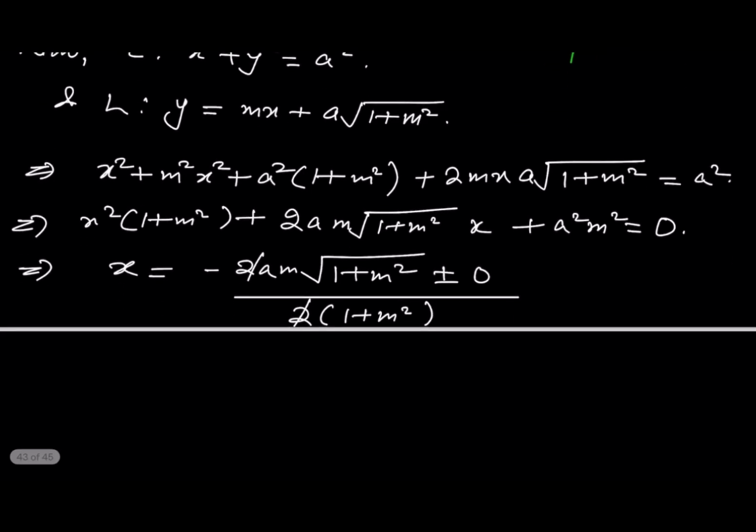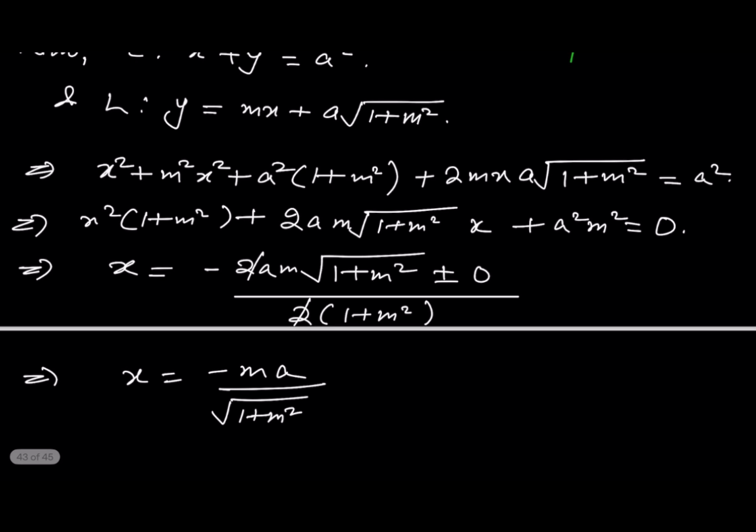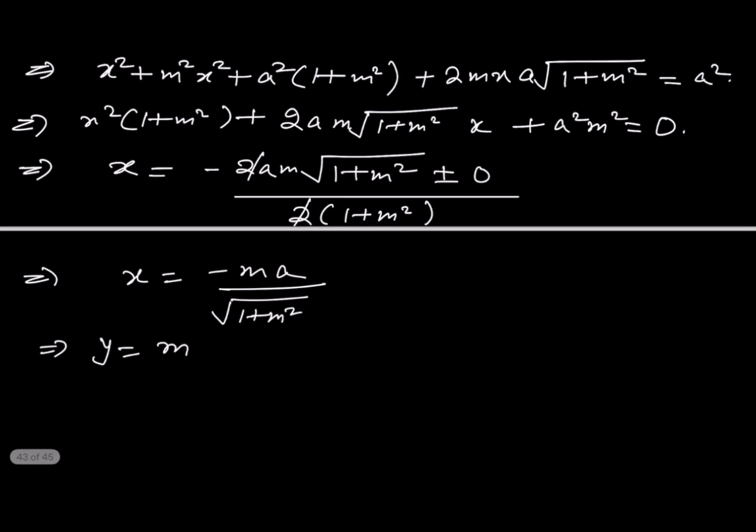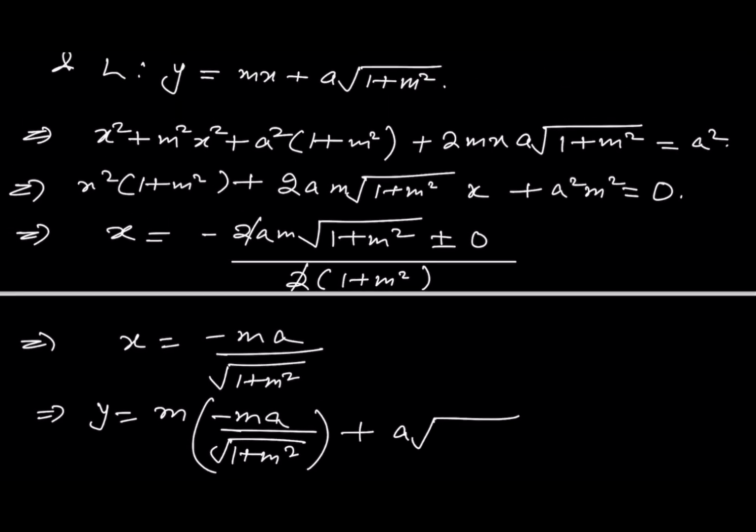The 2 cancels out, so in this case x becomes minus m a upon root over 1 plus m square, right? Now if we put this x in the equation of L, then y is equal to m times minus m a upon root over 1 plus m square plus a times root over 1 plus m square, right?